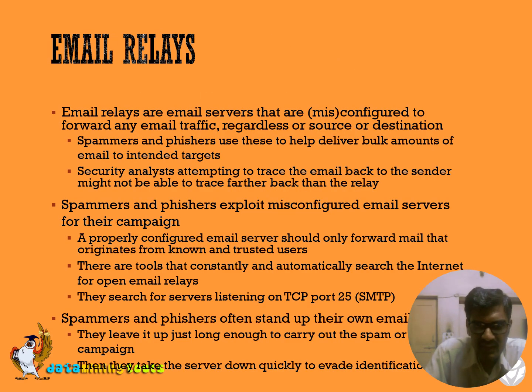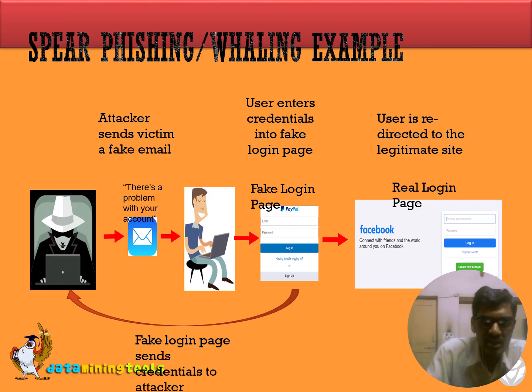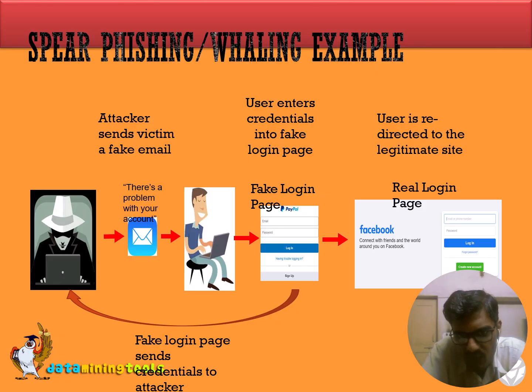Next, email relays. An email relay is when the server is misconfigured to send any emails that come in to a bulk of people. Then spear phishing or whaling example. Here the attacker sends a victim a fake email with a link to an app like Facebook. If he opens the link, it goes to a fake login page where the username and password are taken.